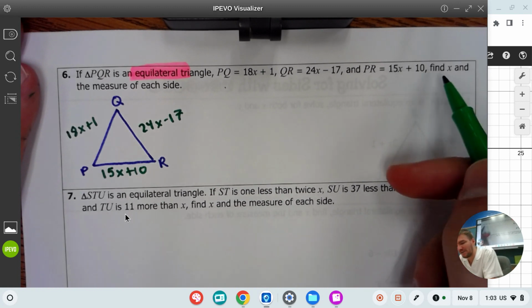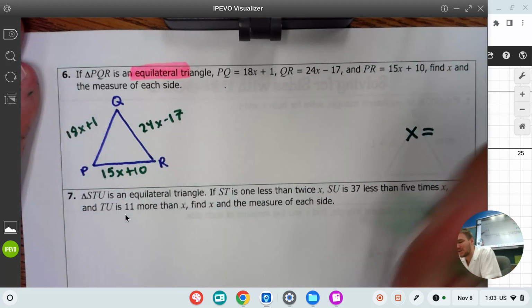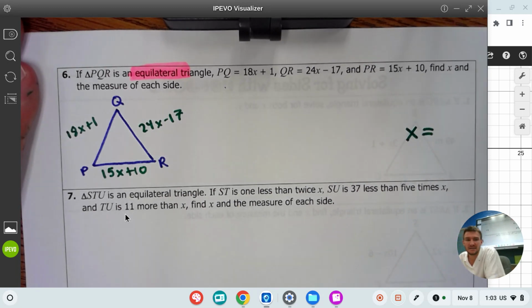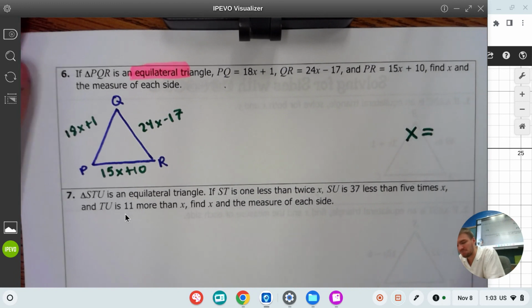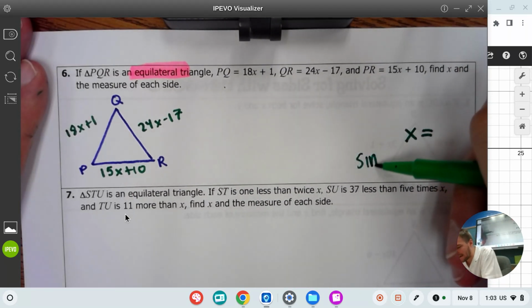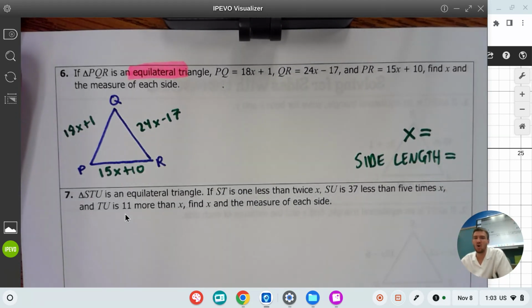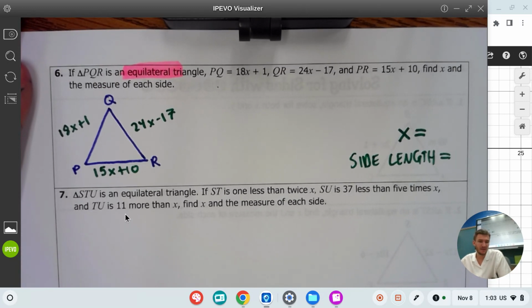And the final thing says find x and find the measure of each side. It's equilateral. So what do we know about all the sides? They're all the same. Okay? You know, we can find the side length, and that should be good enough because they're all the same.